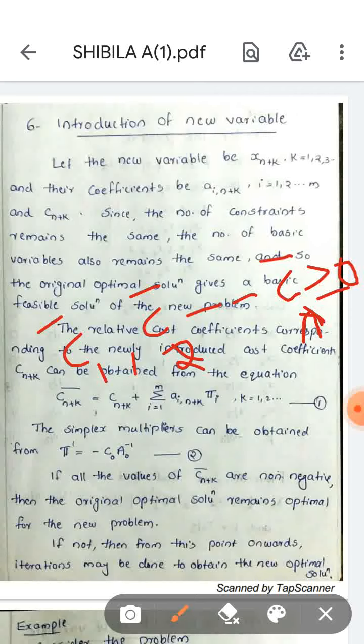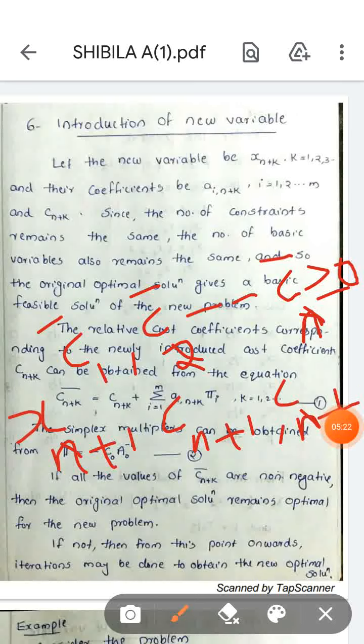So when we introduce new variables x(n+1), x(n+2) etc., the corresponding cost coefficients are c(n+1), c(n+2) etc. Then the corresponding relative cost coefficients are c(n+1) bar, c(n+2) bar etc. If each of these relative cost coefficients is greater than or equal to 0, then the solution is optimal.